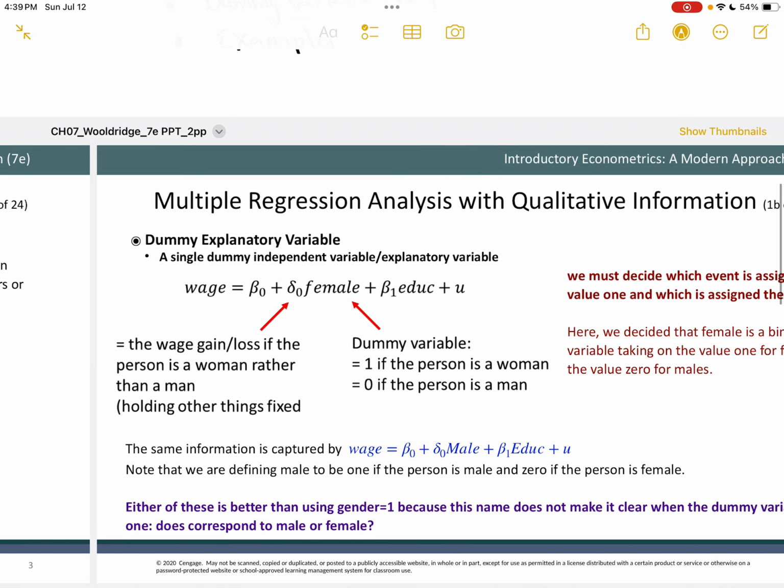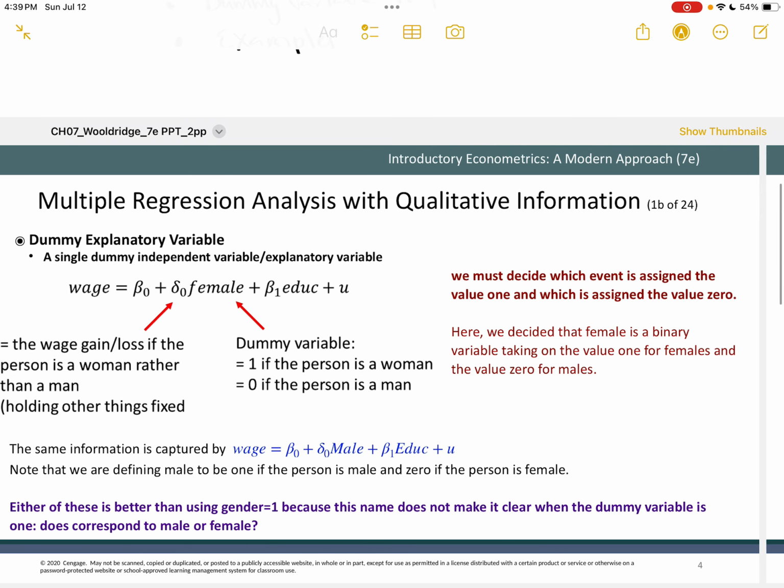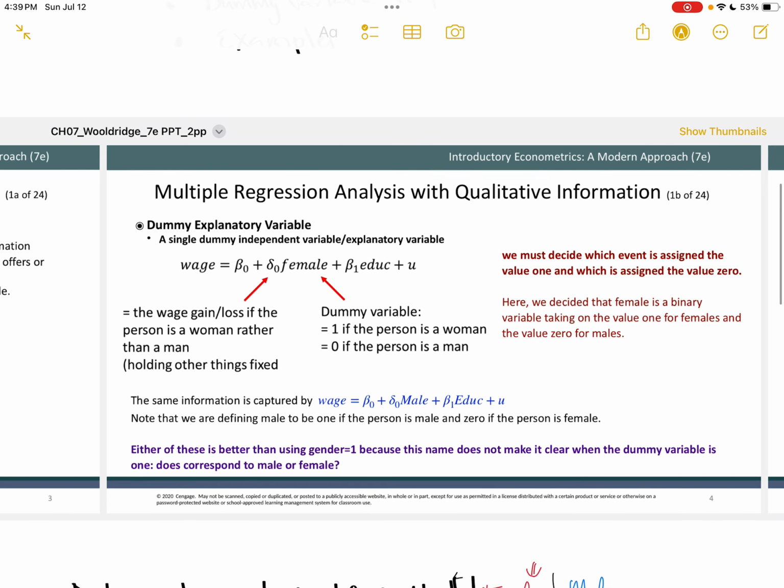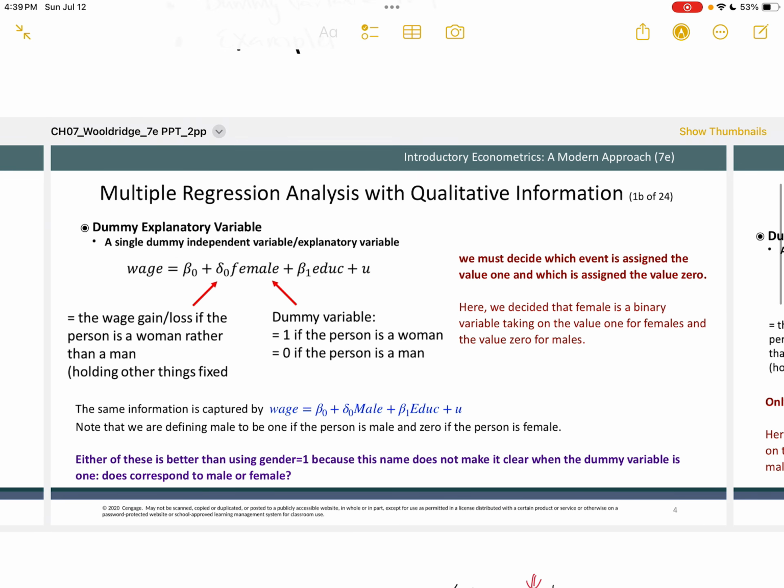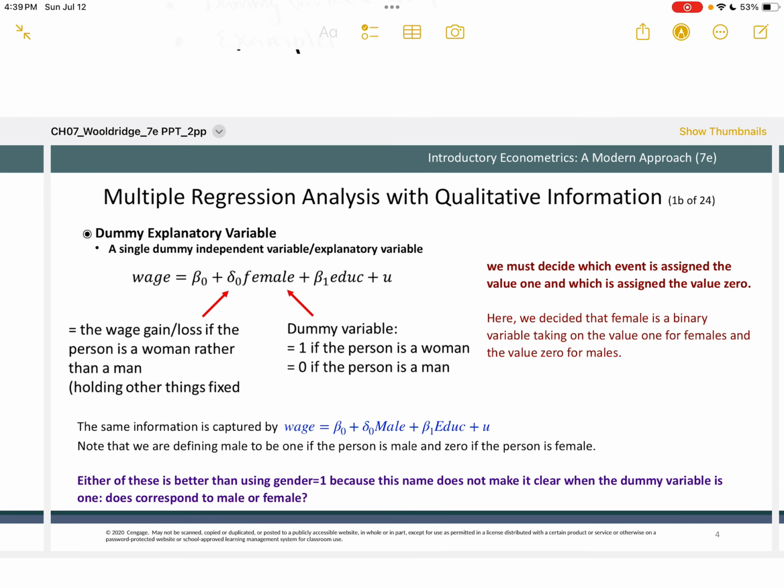Let's go back to the slides and look at things. So what we just did is up here, where it's always better to name your dummy variable a specific name, which takes the 1 and a 0 otherwise.